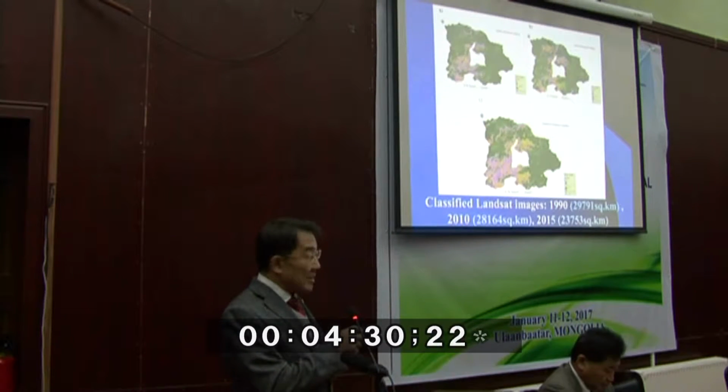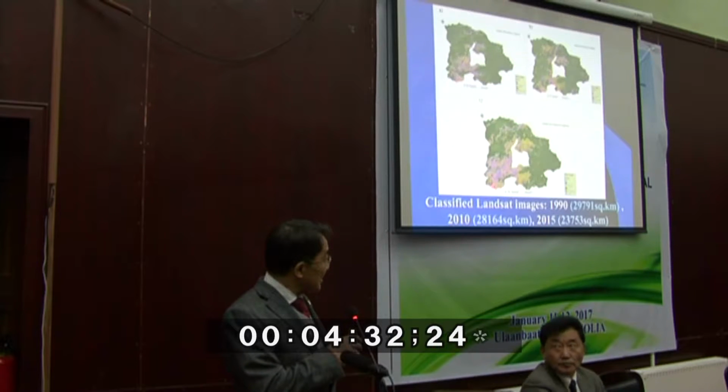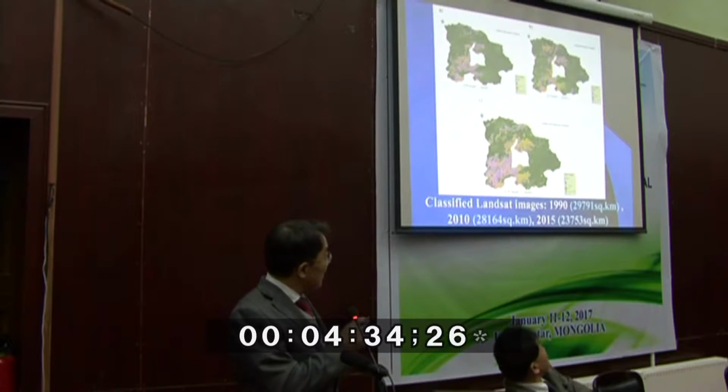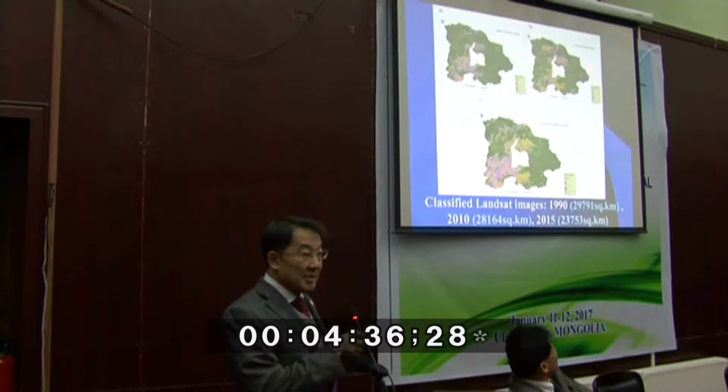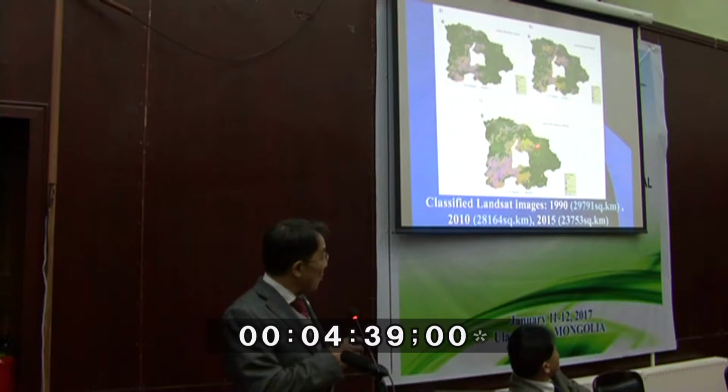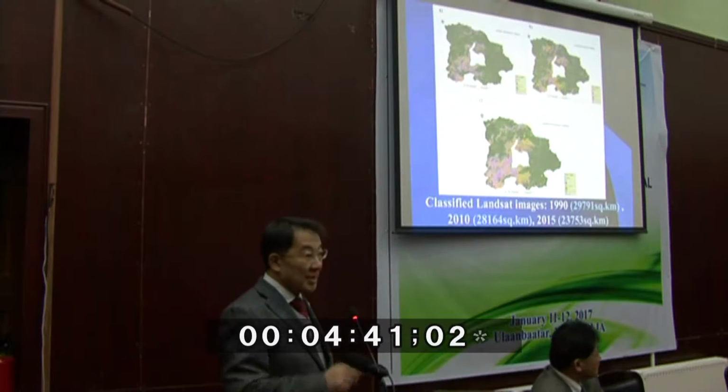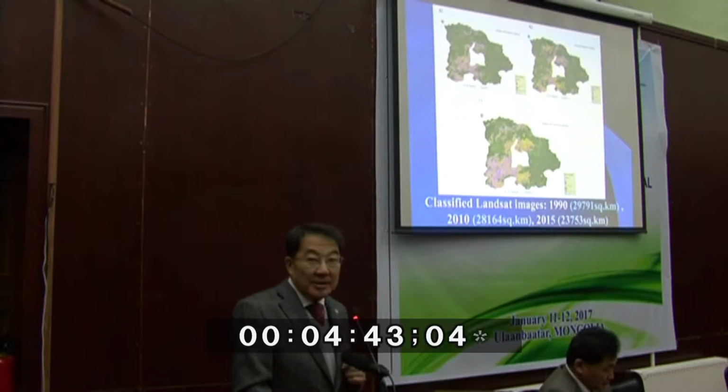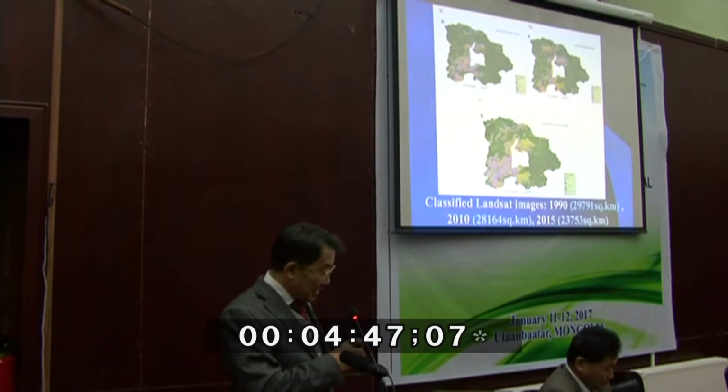Here you can see the results of the classification, and using those classified images, one can see what kind of forest changes had occurred between 1990 and 2015.